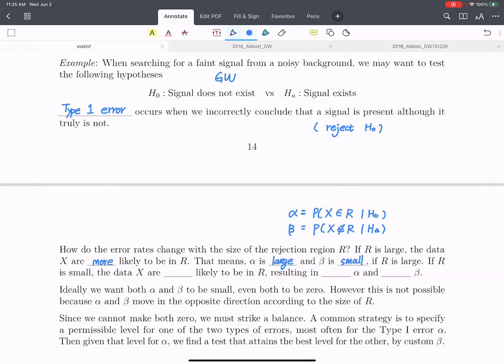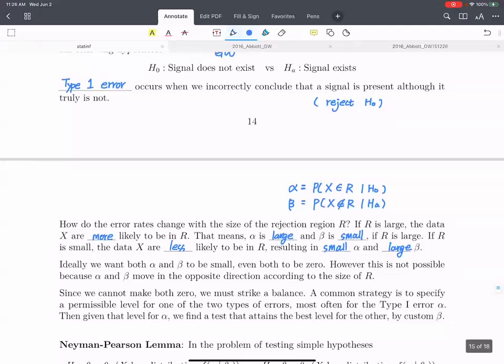The opposite happens if the rejection region becomes small, in a very tiny region. Then data are less likely to be in the rejection region, resulting in small alpha and large beta, because the probability of the data falling into that small region becomes smaller.